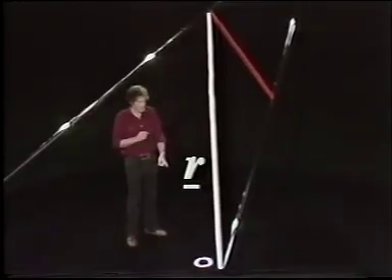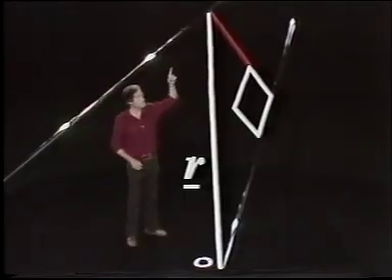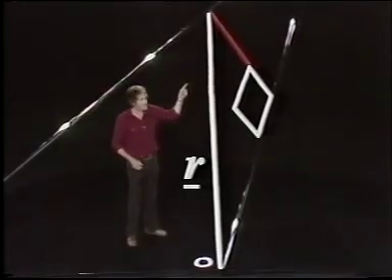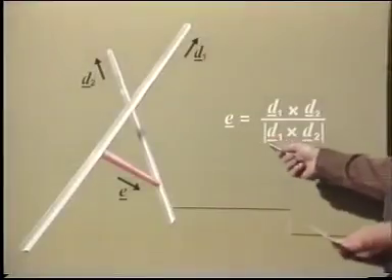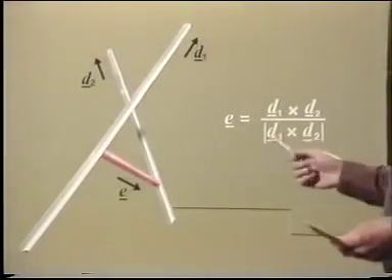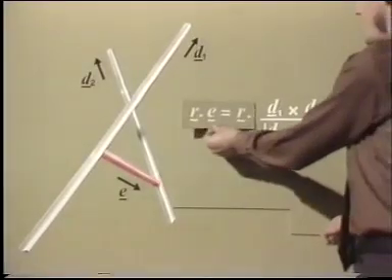And you can see a triangle which has a right angle. That means that the shortest distance is the projection of R onto e. In other words, R dot e. But we know e, it's just this expression here. And so the shortest distance, R dot e, is just given by this.